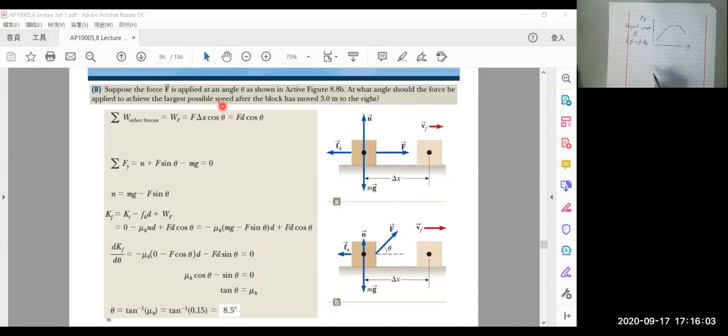So what is the point where you have the largest kinetic energy? This point in the graph. What is special about this point? In the graph, you could see that at the maximum point, the slope of the graph is equal to 0.